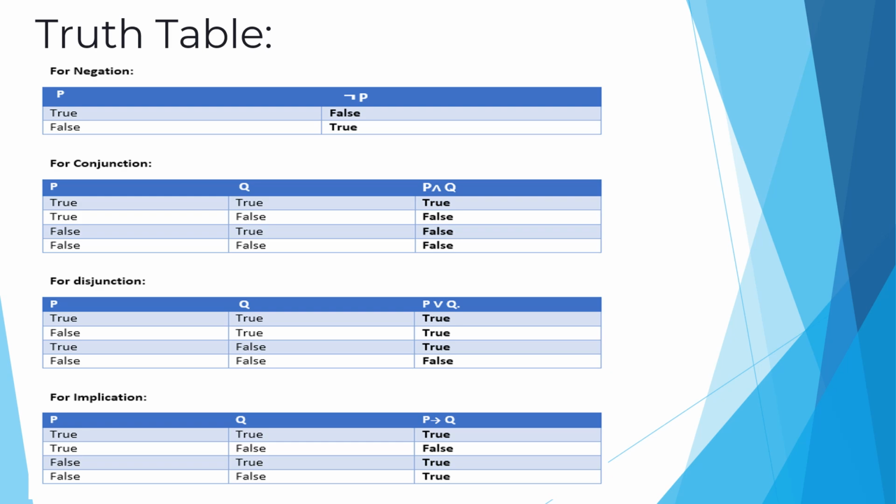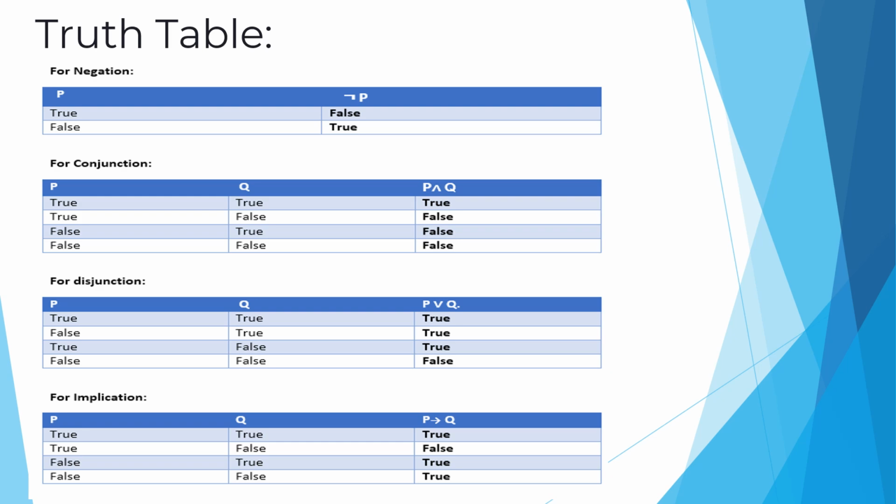And the fourth one, implications. The implication also takes two statements, P and Q. If the P statement is true and the Q statement is true, after applying the implication connective, the statement will be true. The second one, P statement is true and the Q statement is false. After applying the implication connective, the statement will be false.